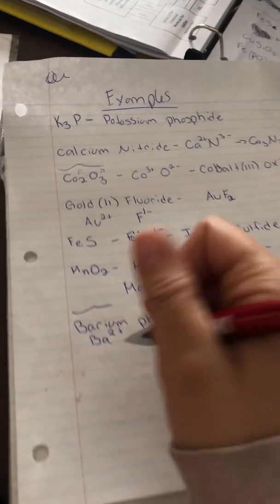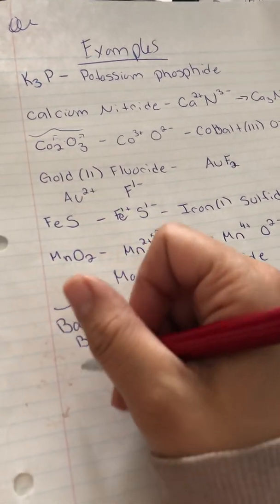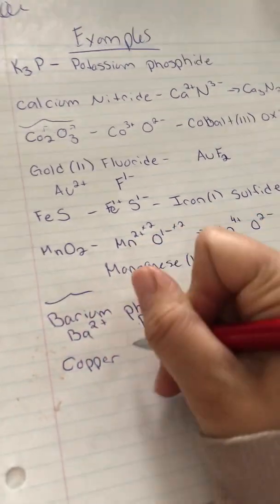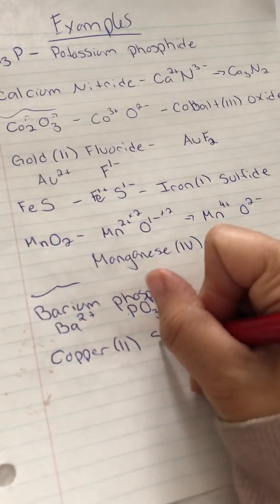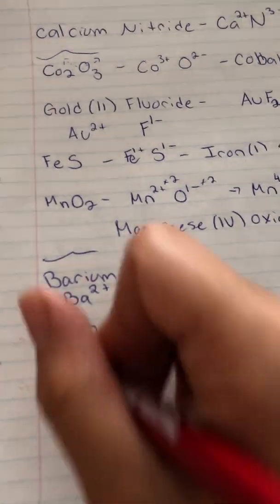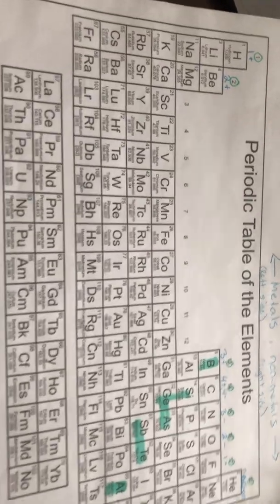Another example of this would be if I gave you copper 2 silicate. So copper is Cu. It is a transition metal from the periodic table here.